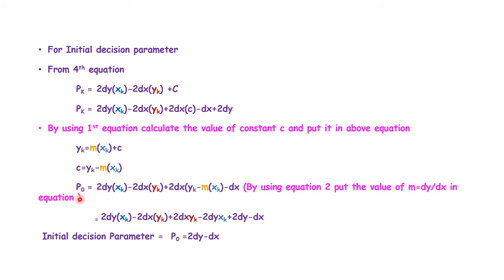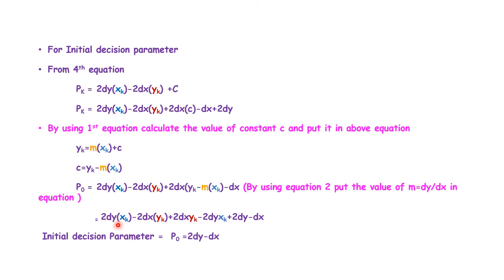So we get p naught is equal to 2 dy xk minus 2 dx yk plus 2 dx yk minus m into bracket xk minus dx. Then by using equation 2, put the value of m as dy by dx, so in place of m we put dy by dx.